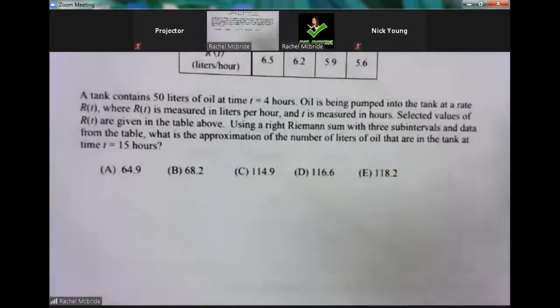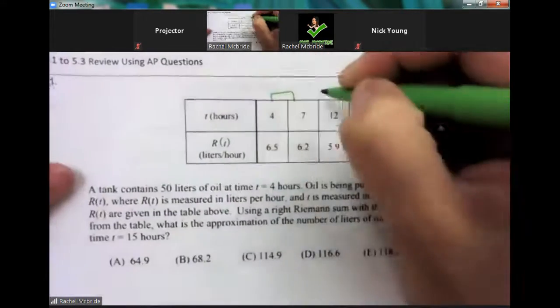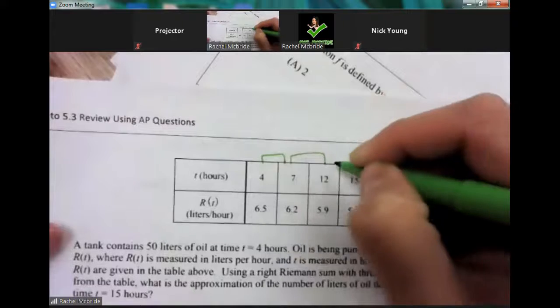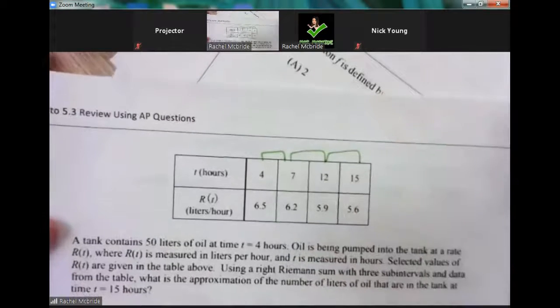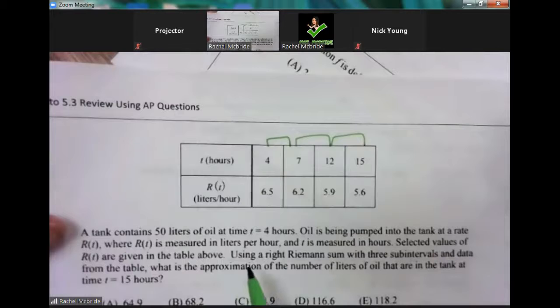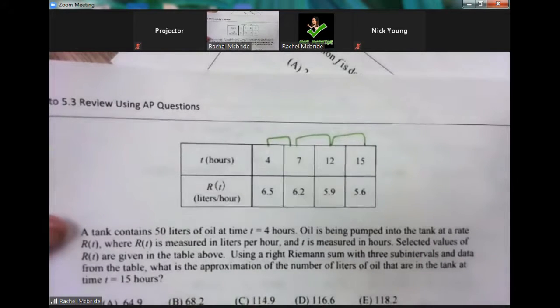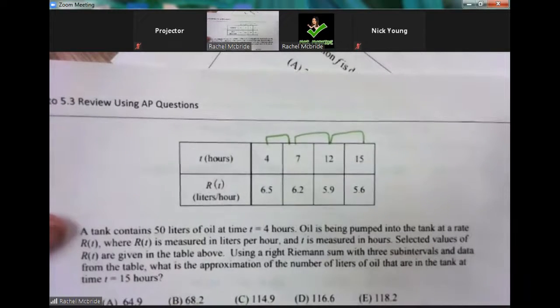On number 1, calculator, it is a Riemann sum. So it is a right Riemann sum. That means when you're setting up your table of values, you have your first box, your second box, and your third box. It told you to use the table of values to create an approximation.